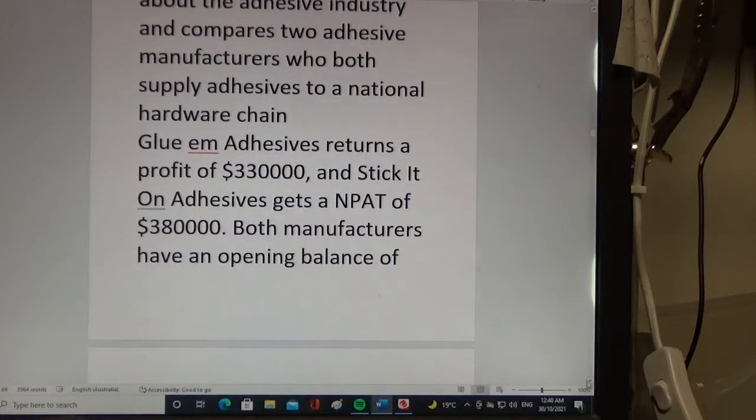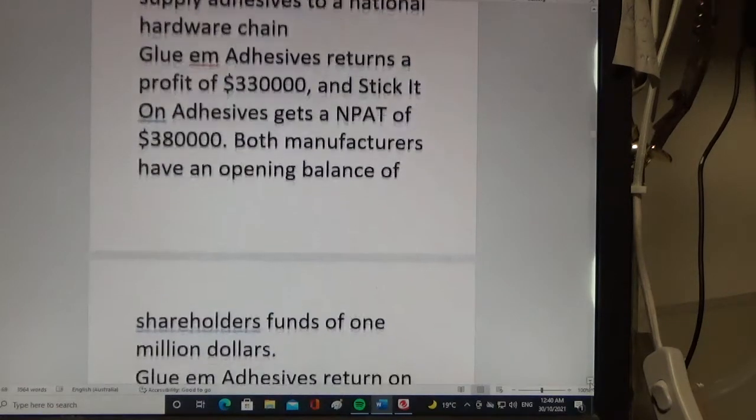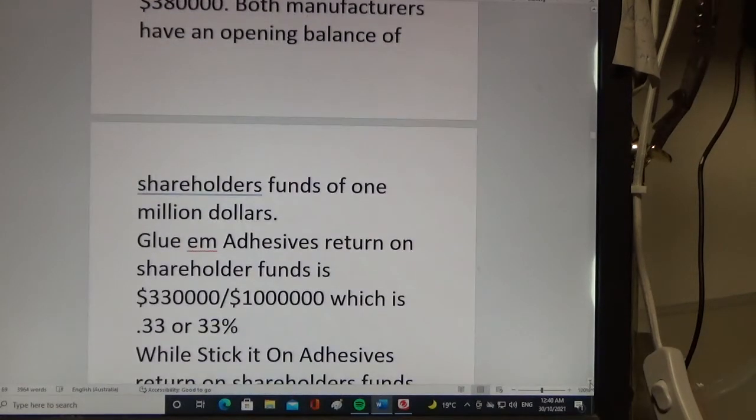Gluam Adhesives returns a net profit of $330,000, and Stick-It-On Adhesives gets a net profit after tax of $380,000. So Stick-It-On gets more net profit. Both manufacturers have an opening balance of shareholder funds of $1 million.